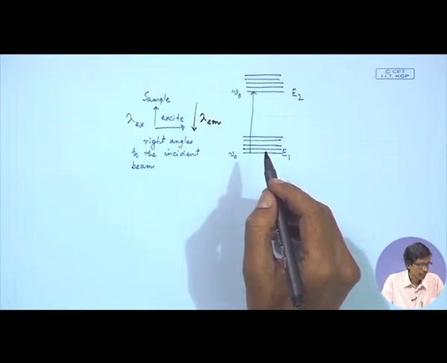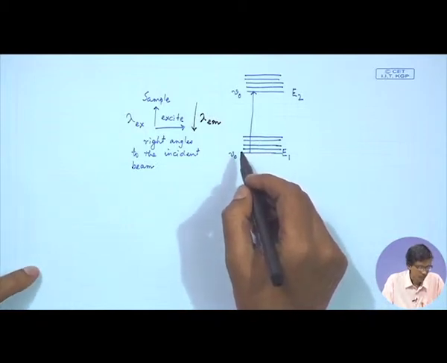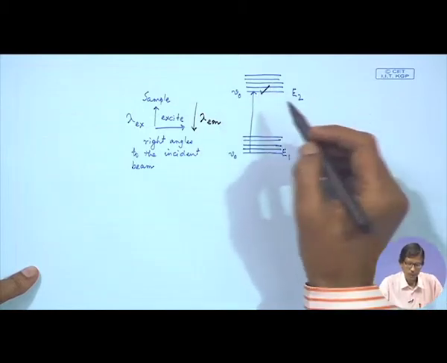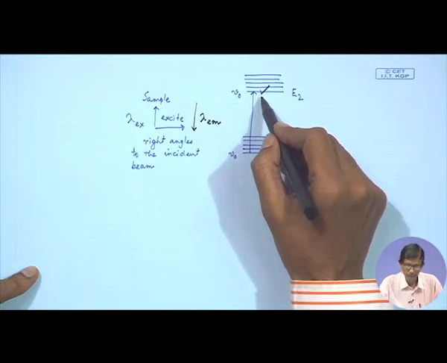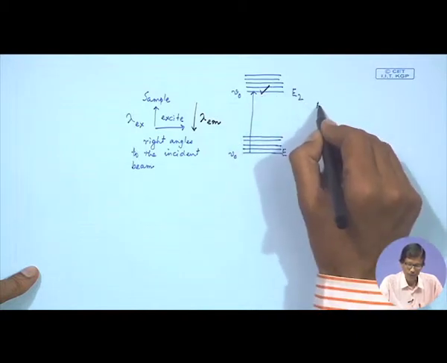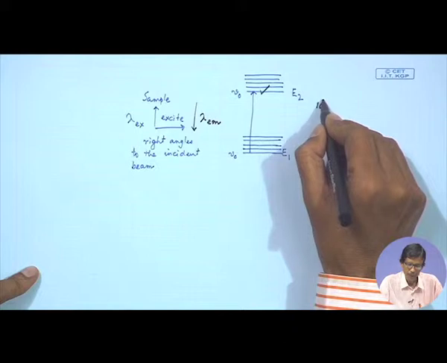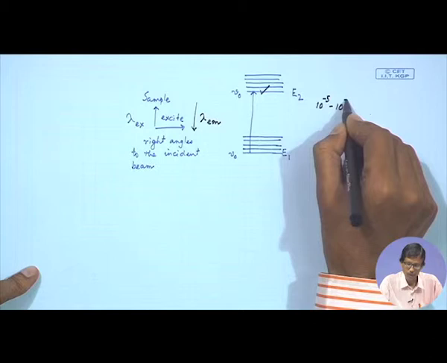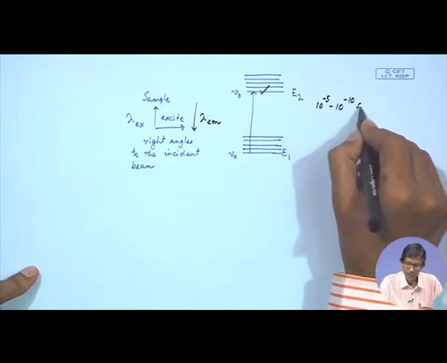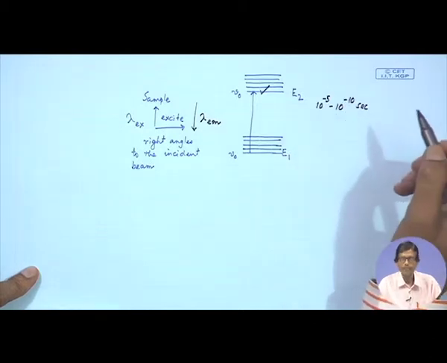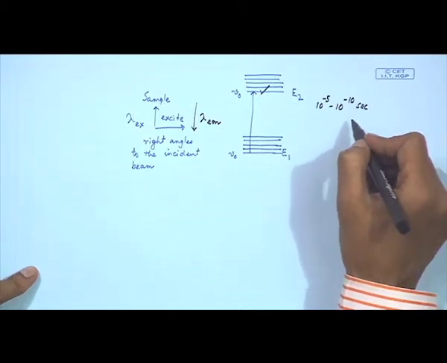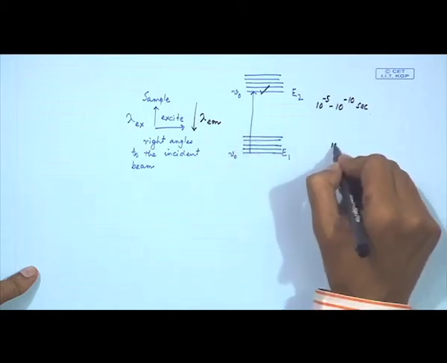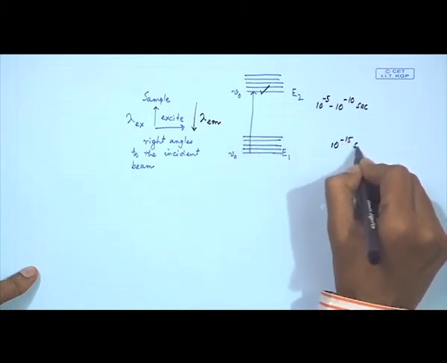So, when this species comes to the excited level, how long will it be there? We have seen a time range of 10 to the power minus 5 to 10 to the power minus 10 second, the lifetime. In absorption, we have seen that it is on the order of 10 to the power minus 5 second.